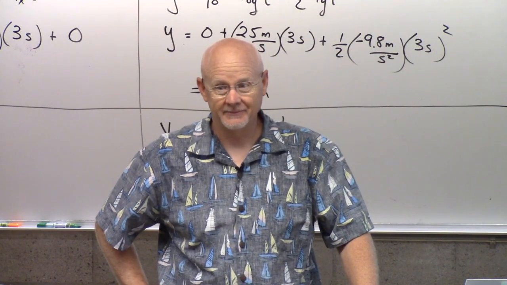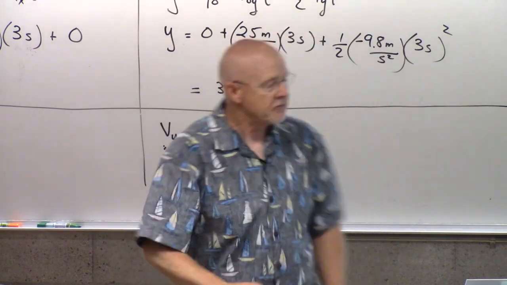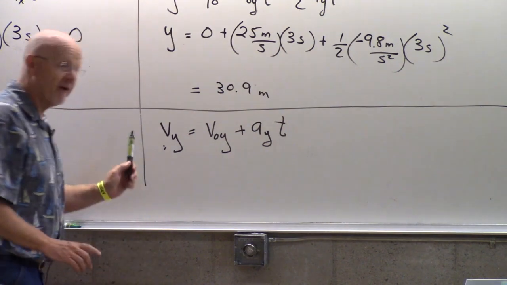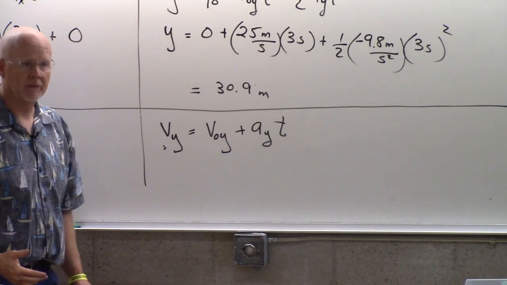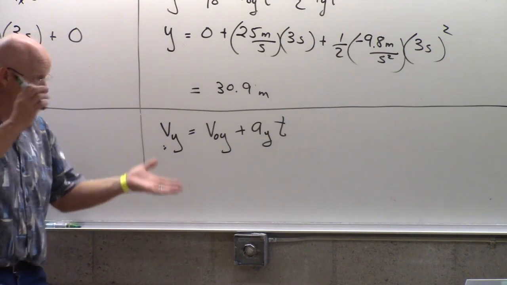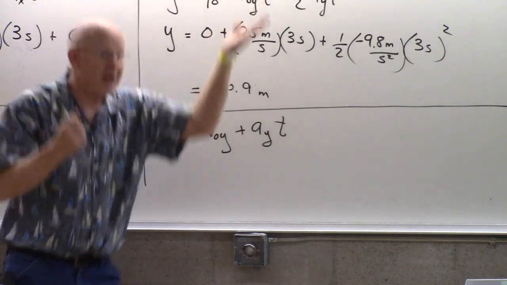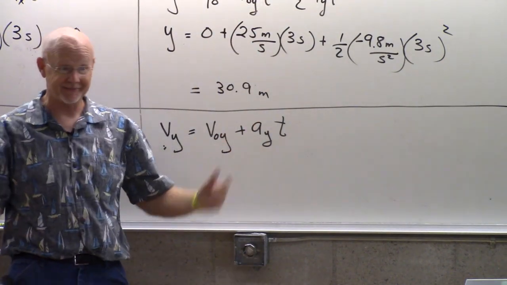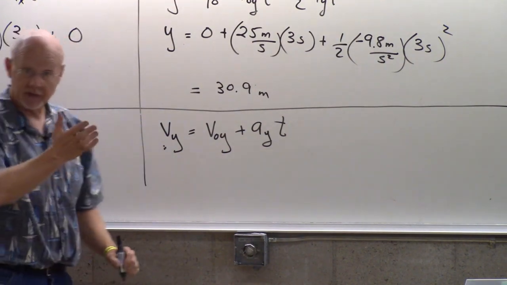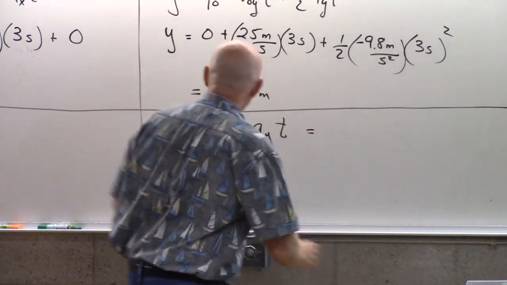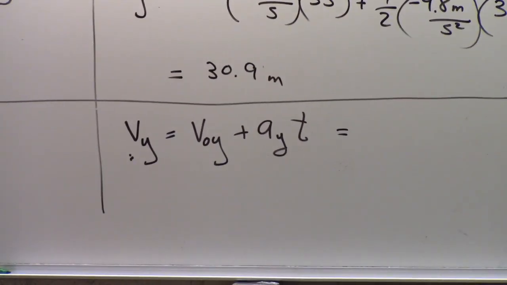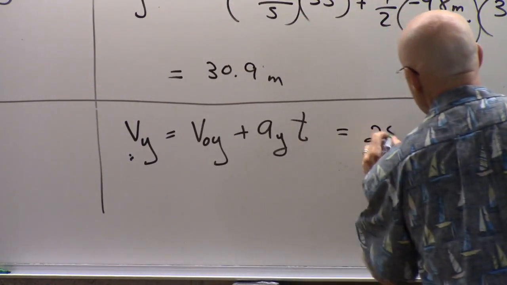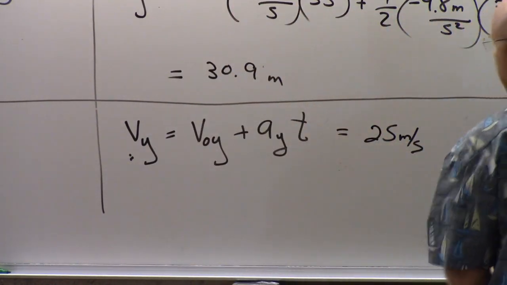That's the tough part. All right, so the tough part here is deciding, why am I even looking for a positive or a negative? Because if it was positive, it would be going up, and if it's negative, it would be going down. And that's my question. All right, so let's give it a try. So what is the velocity in the y direction to start with? Well, that's the 25. Okay, so here is 25 meters per second.